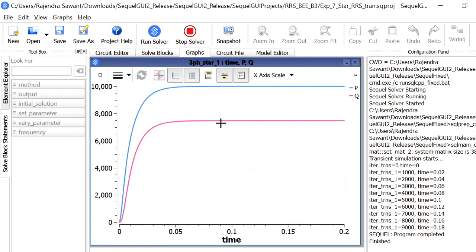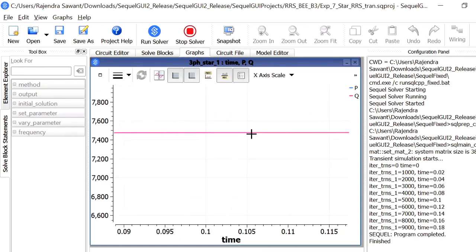The red or magenta colored graph is Q, the reactive power, and this turned out to be around 7.5 kilowatt. This is exactly what we got from the theoretical analysis.